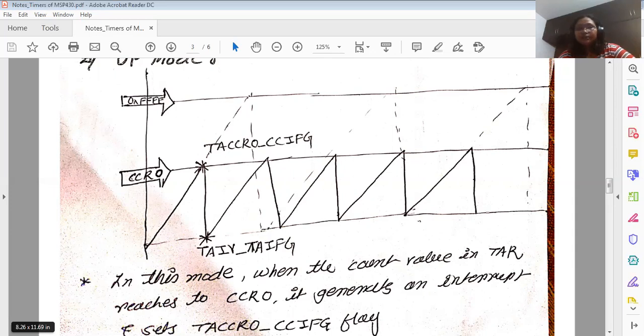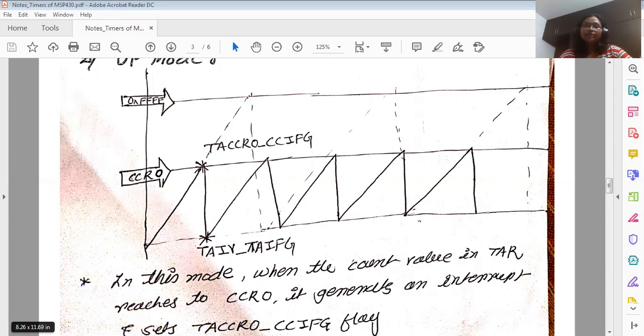Means the duration between these two interrupts is the same. The time taken from the start of the timer to this interrupt is the same as the time taken after this interrupt to the next interrupt. So this is up down mode. This up down mode is used when you want central aligned PWM.